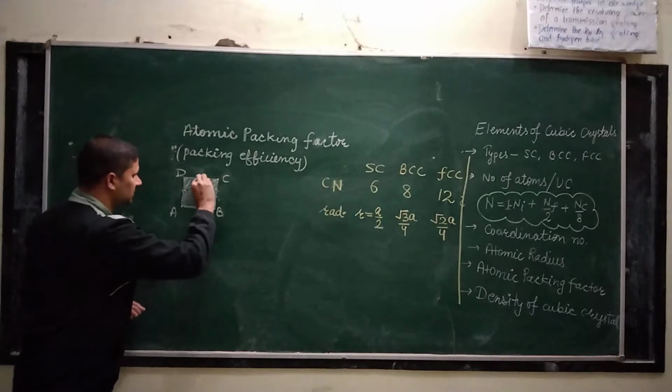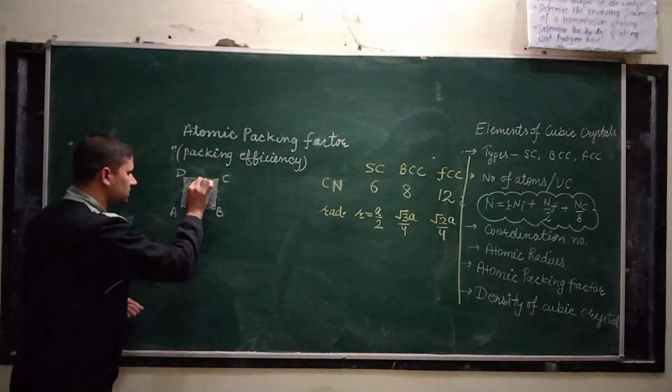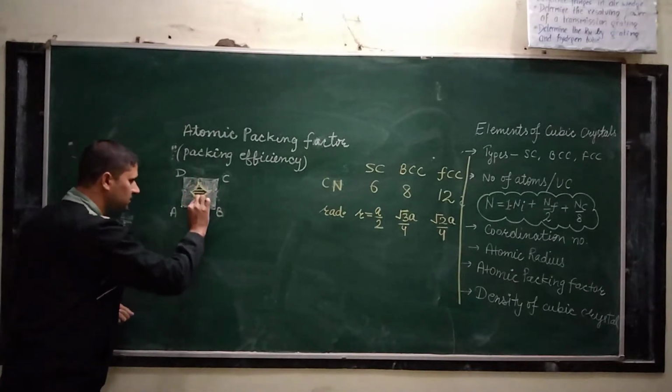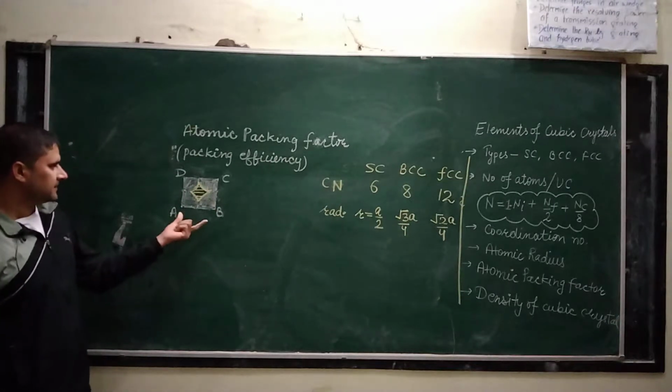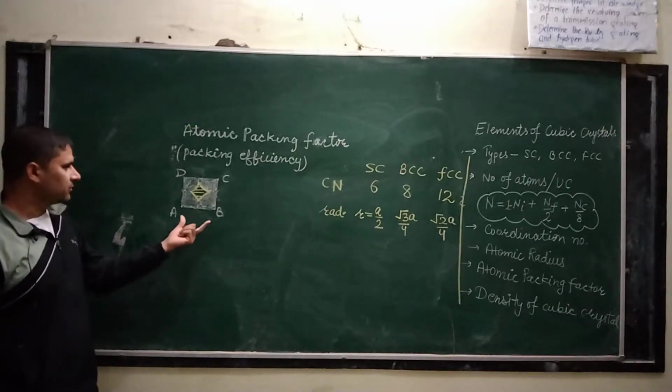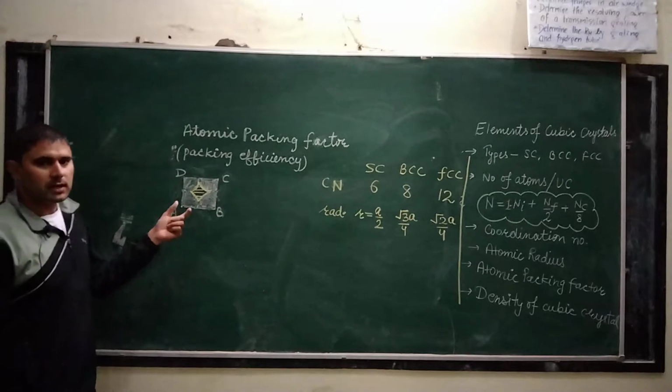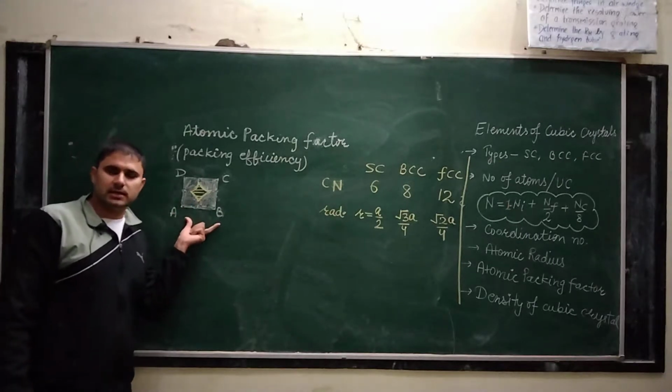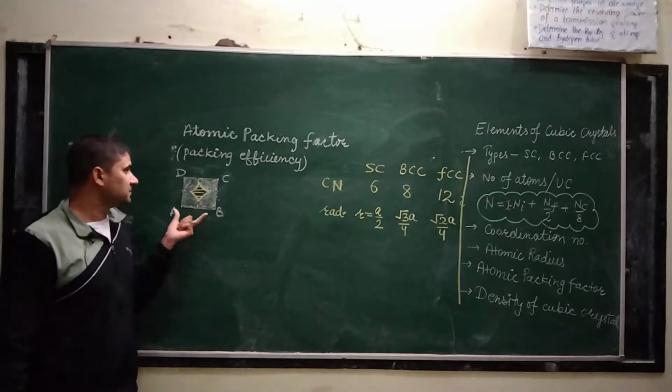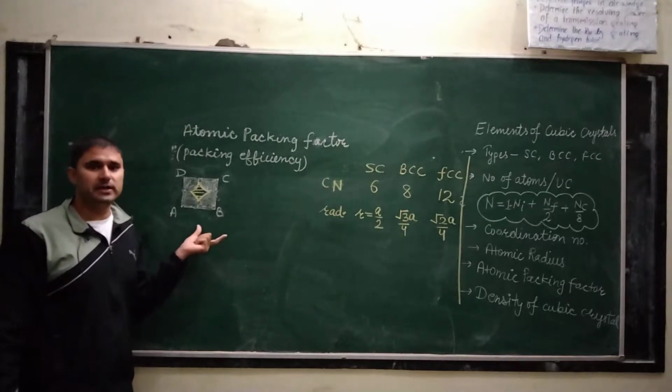So we can see the total area is not occupied here, and if we assume it in 3 dimensions, then we will find that some empty space is present inside the cube, and that empty space is called void.